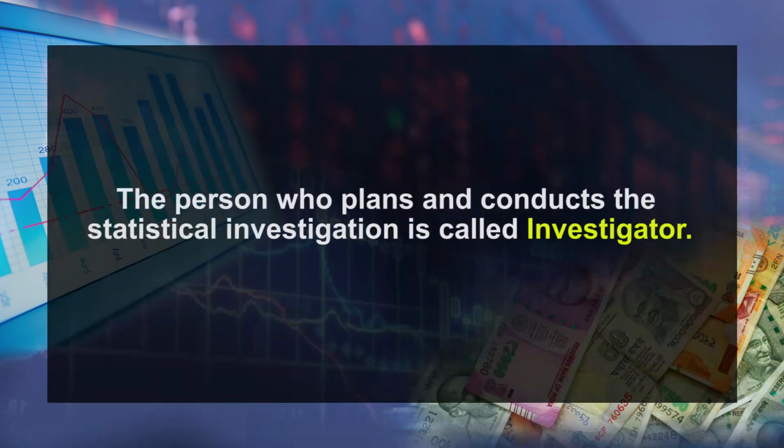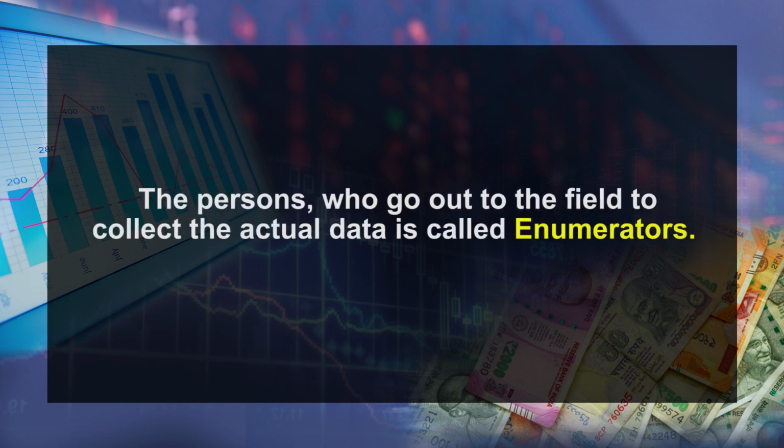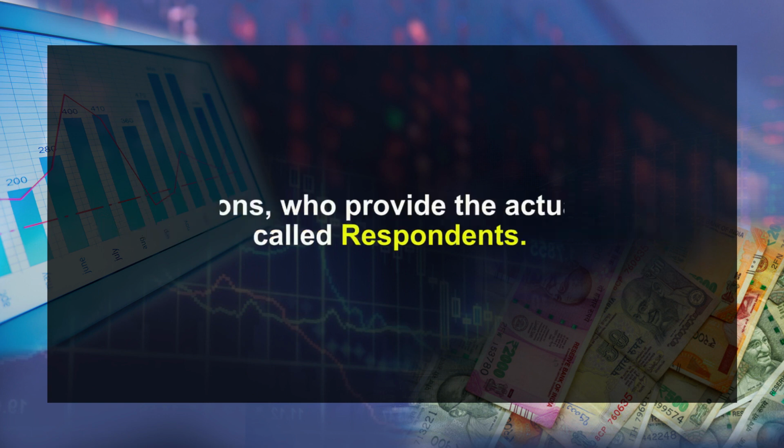The person who plans and conducts the statistical investigation is called the investigator. Those who go out to the field to collect the actual data are called the enumerators. The respondents provide the actual data by answering the questions in the questionnaire.